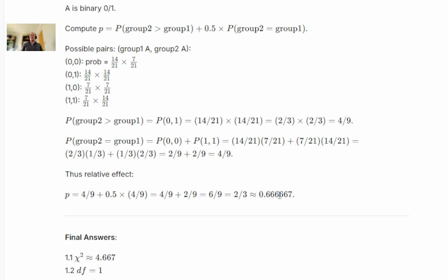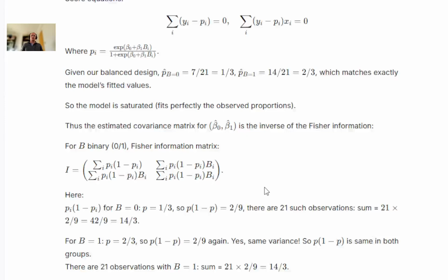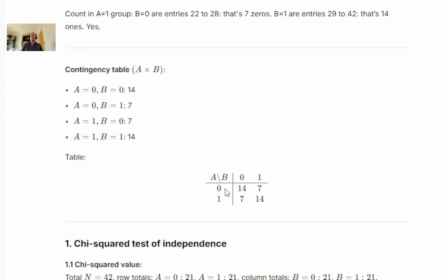0.667. Now we deal with a very specific case of table in which there is a certain symmetry. So here it's 14 and 7, and here it's 7 and 14. So this diagonal has the same numbers, and this diagonal has the same numbers.